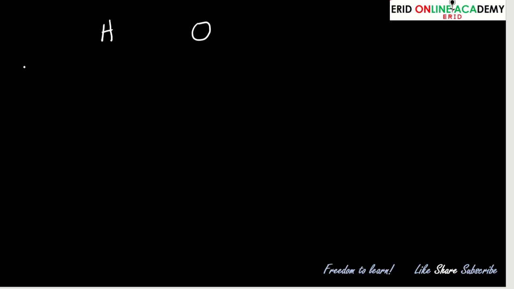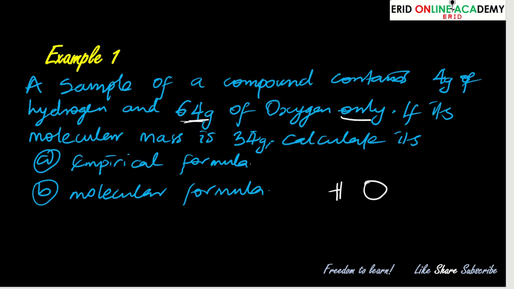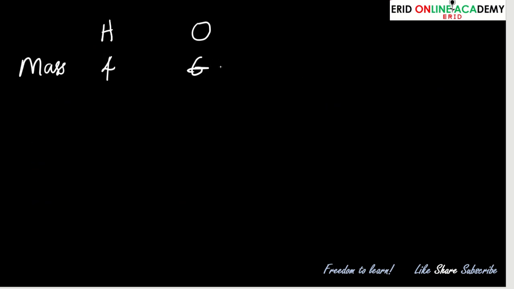So the mass for hydrogen is 4 grams, while that of oxygen is 64 grams.